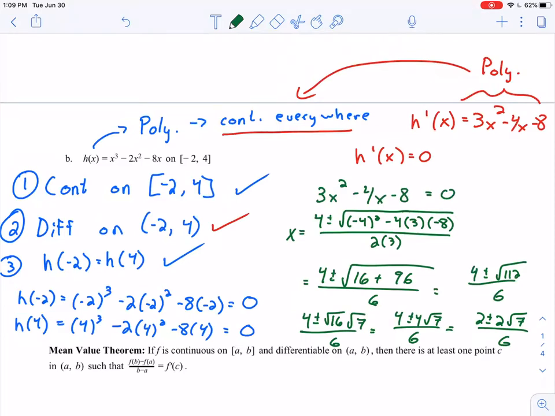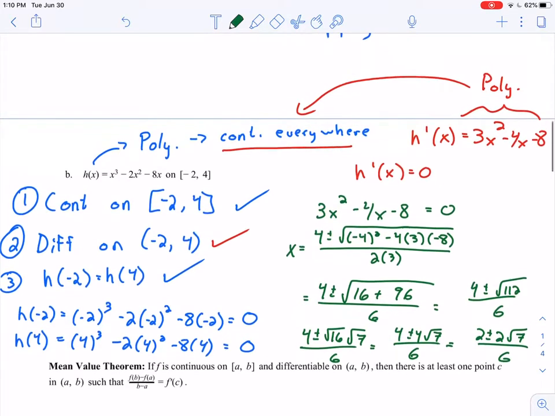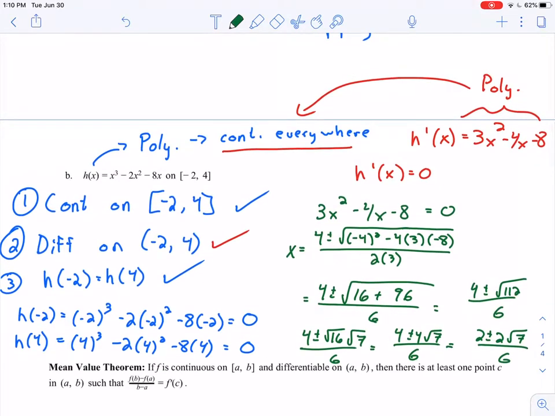But one thing I want to check is that both of them fall in that interval of -2 to 4. So let me get a decimal approximation for each one, and let me do that in the upper left-hand corner here. I'm going to take 2 plus 2 radical 7 over 6, and let's evaluate that quickly.